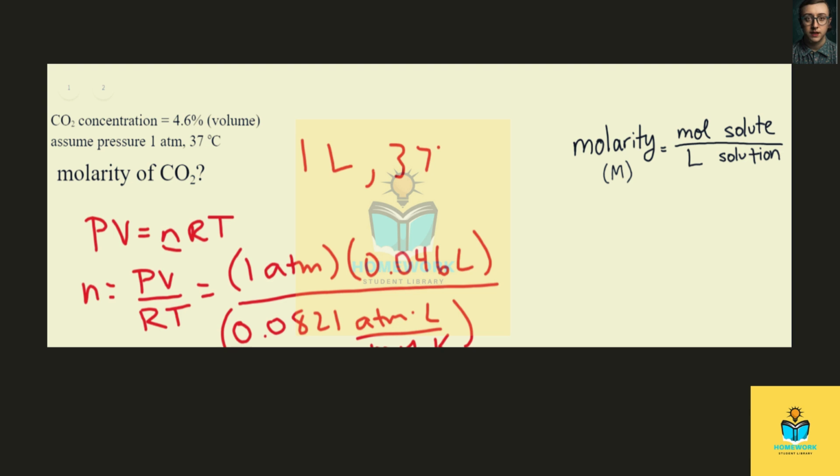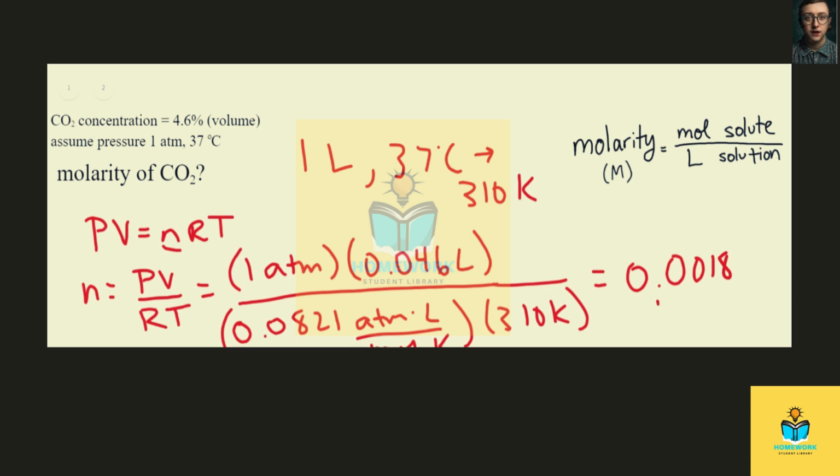So 37 degrees Celsius is 310 Kelvin. And this helps me find that 1 liter of the whole gas, which contains 4.6% carbon dioxide, contains 0.0018 moles of CO2.